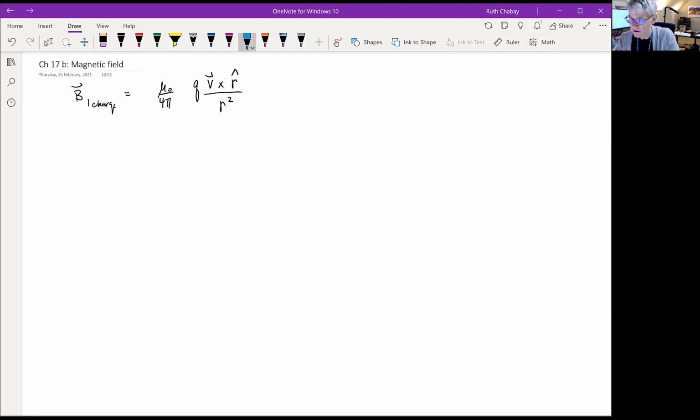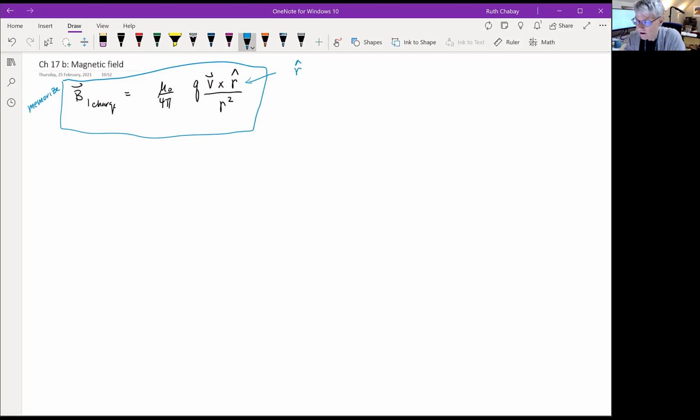You do need to memorize this. And it's very important to note that this is r hat, not r. A lot of the mistakes people make in calculating magnetic fields are because they actually use r, which has a magnitude much greater than 1 there, instead of r hat. And note that like the electric field of a single charge, it falls off like 1 over r squared. So if you're twice as far away, the magnetic field you observe will be only a quarter as large.